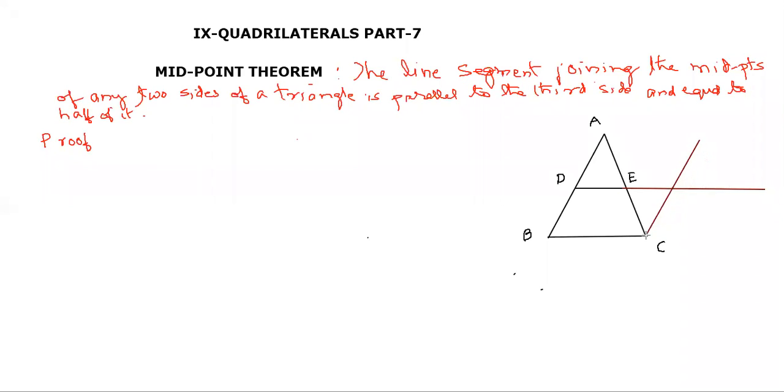So we produce DE to F, and CF is parallel to BA.